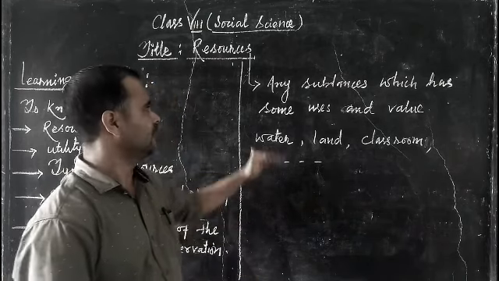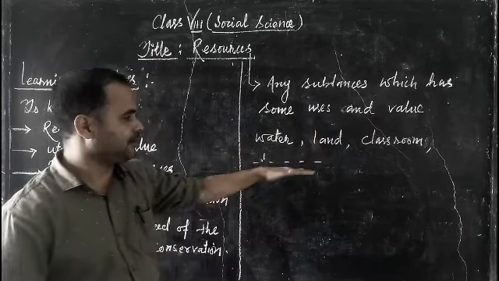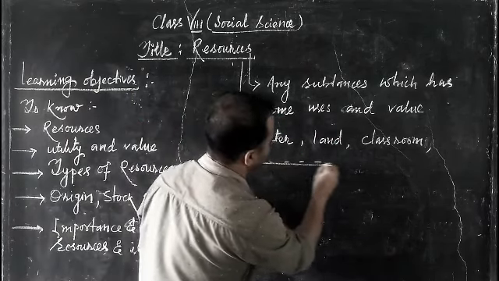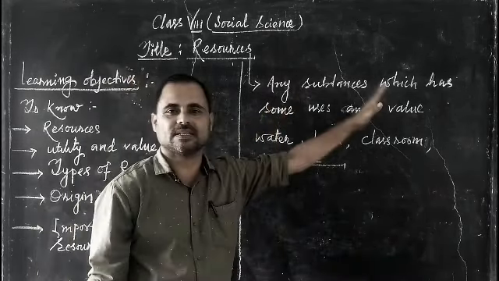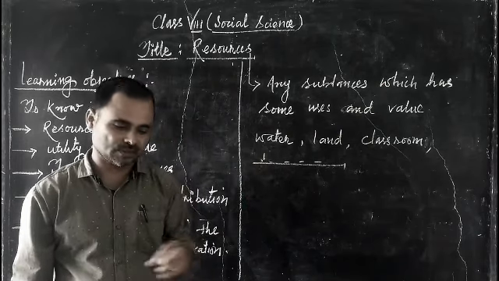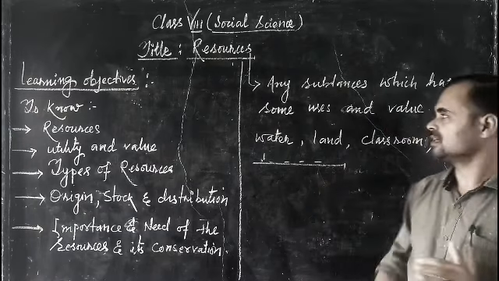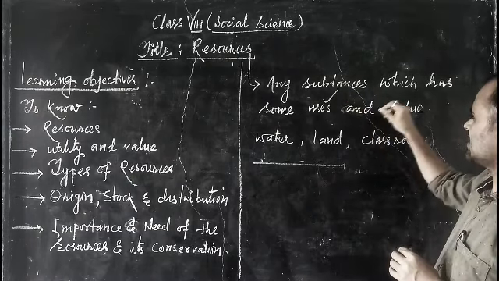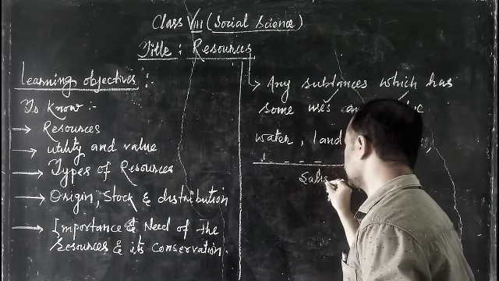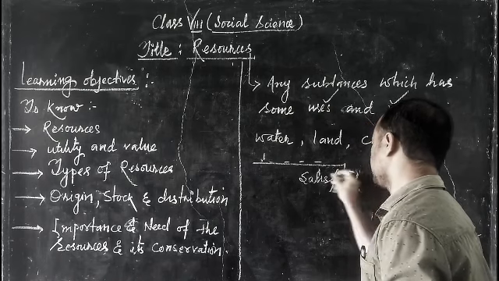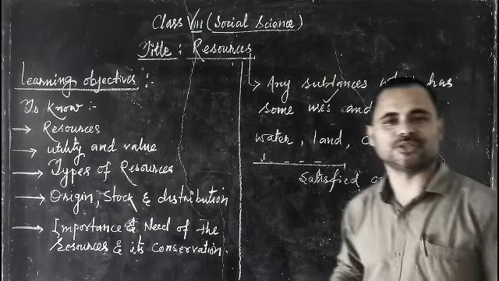So the first point: anything which has use and value, and which satisfies or fulfills our needs, those substances are called resources. So can we say that resources are all those things which have a use, which have a value, and which satisfy our needs.